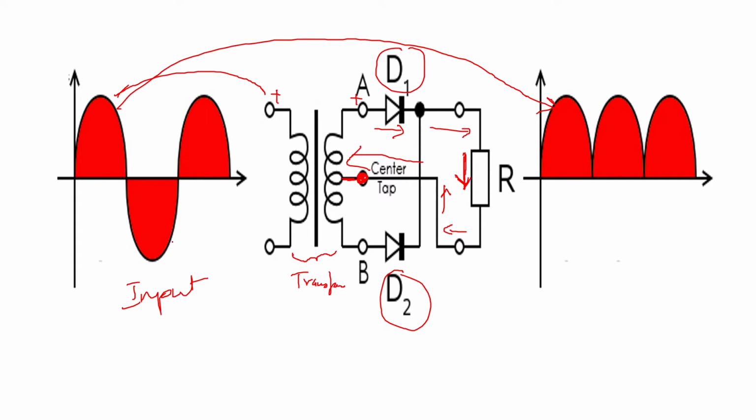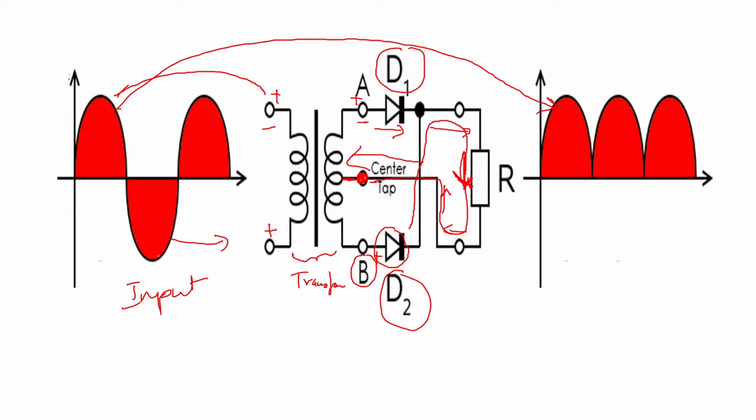Similarly, when the input is negative half cycle, this point will become positive and this point will become negative. That means point B becomes positive, point A becomes negative. Therefore, diode D1 will be reverse biased, diode D2 will be forward biased. Now the current will flow from here, and again to the center tap. That means when diode D2 is conducting, the current through the load is flowing from top to bottom.